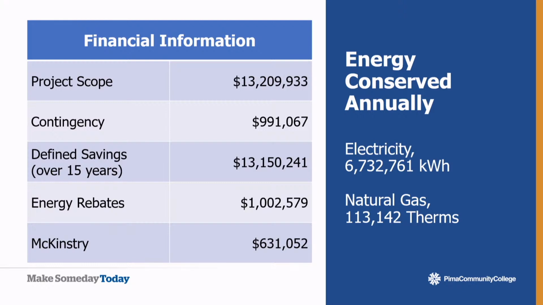And the college has been paid $1,002,579 for the scope of the project. And our total expenditure with McKinstry for doing the commissioning, as well as doing warranty verification, as well as the measurement and verification validation, is $631,052. So hopefully that explains what McKinstry's engagement is with regard to the guaranteed savings and how that all works.